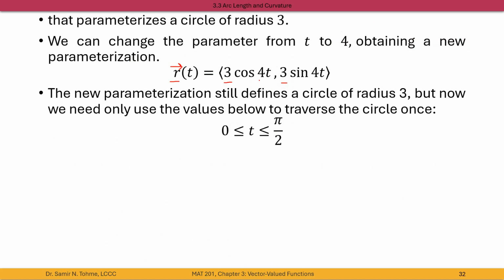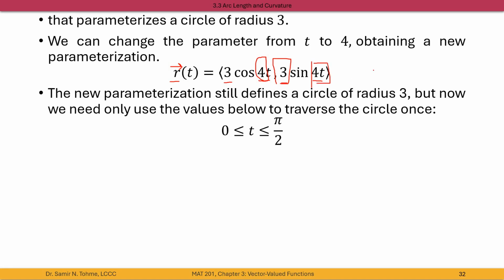Now we can parameterize this one by writing cosine 4t and sine 4t. Nothing changes. It will remain a circle of radius 3. However, the speed that the vector is traveling through this circle will be faster in this case.